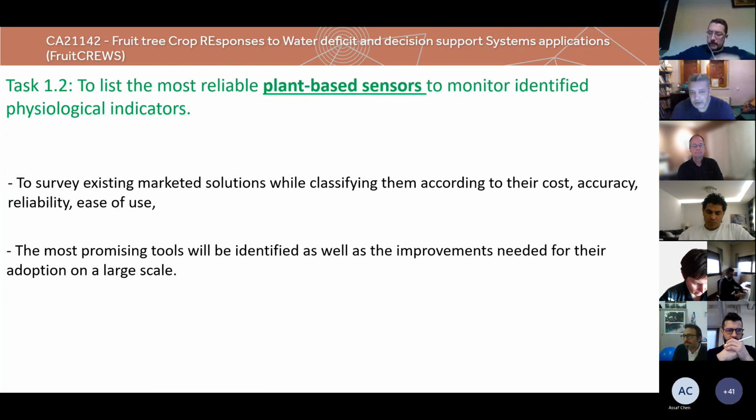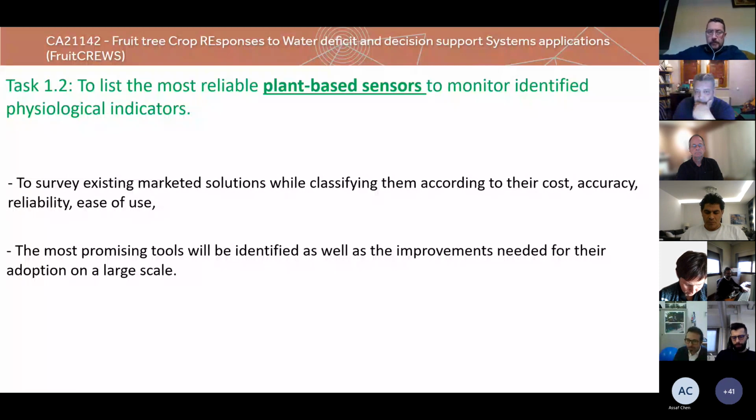In the second task, after identifying the variables, the second task is in charge of detecting and surveying, making a scouting for existing market solutions of sensors, classifying them according to the cost, the accuracy, and some other categories that we can choose together.